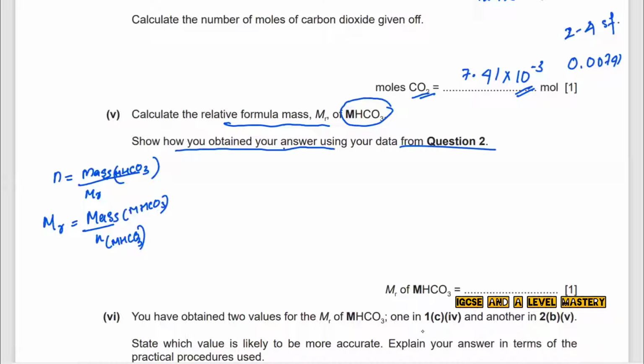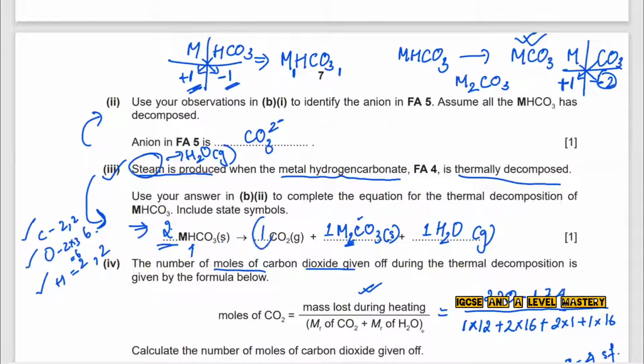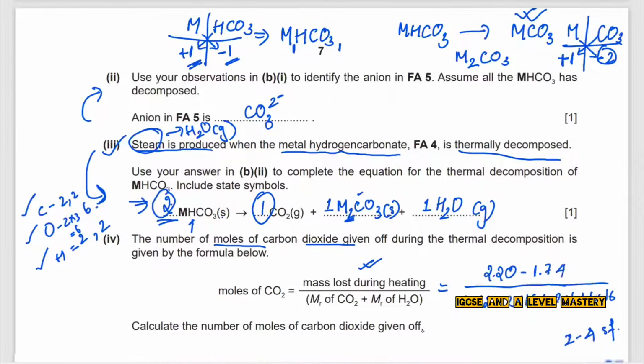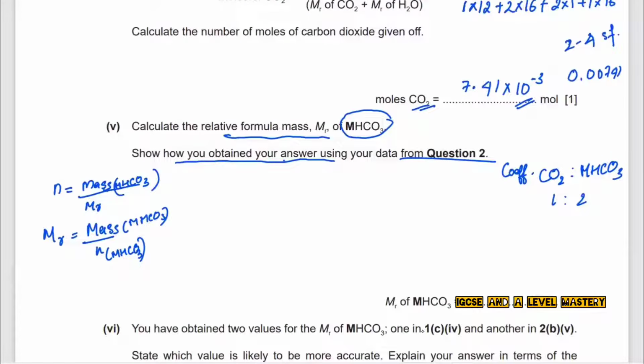The ratio of coefficients of CO2 and metal hydrogen carbonate is 1:2, right? One CO2 gives 2 metal hydrogen carbonate. So we are multiplying the coefficient of CO2 by 2 to get the coefficient of metal hydrogen carbonate.